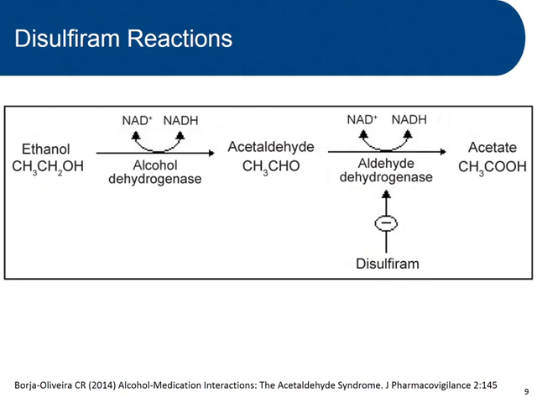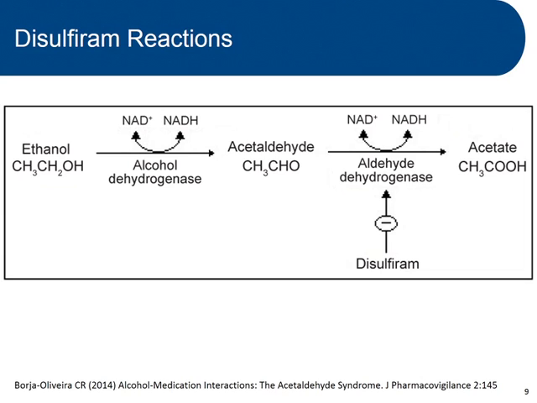The first step is alcohol dehydrogenase, which is responsible for metabolism to acetaldehyde. And then acetaldehyde is further broken down into acetate. Aldehyde dehydrogenase is the enzyme responsible for that breakdown step. Disulfiram will inhibit aldehyde dehydrogenase.